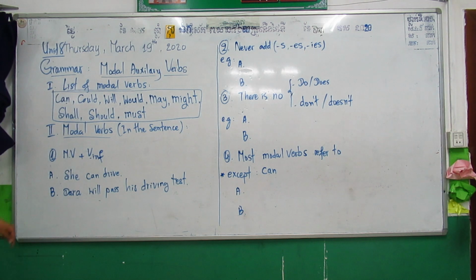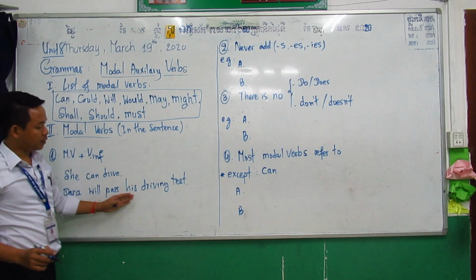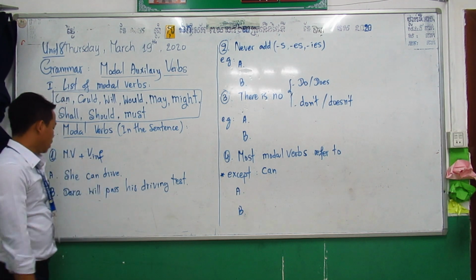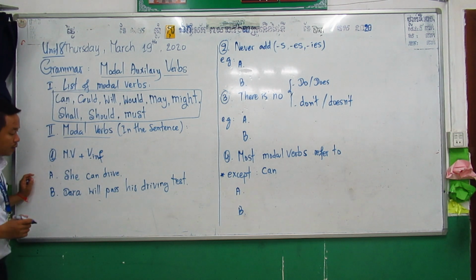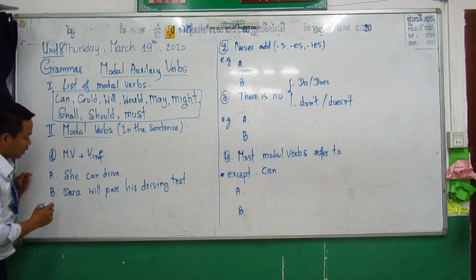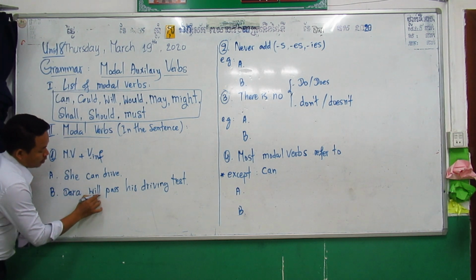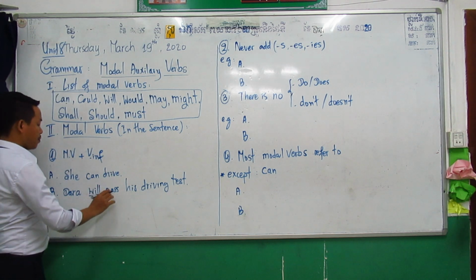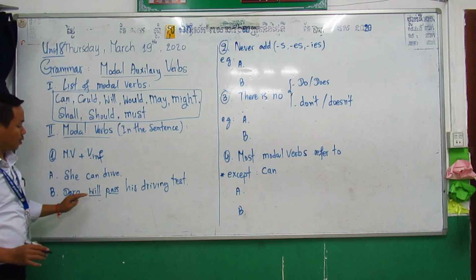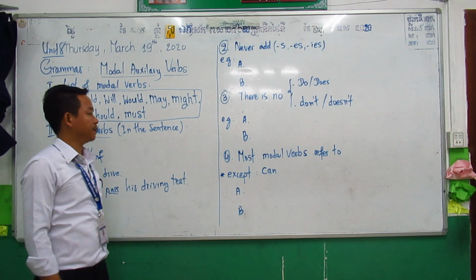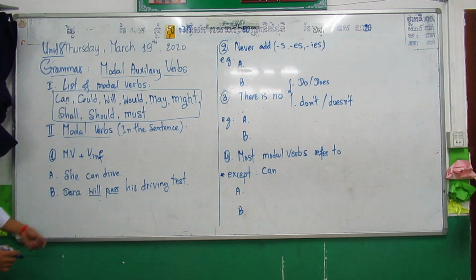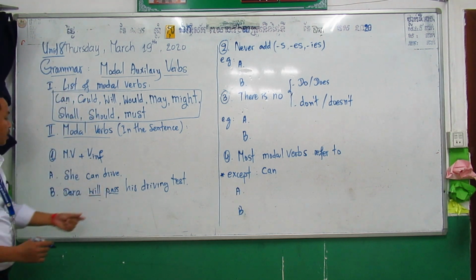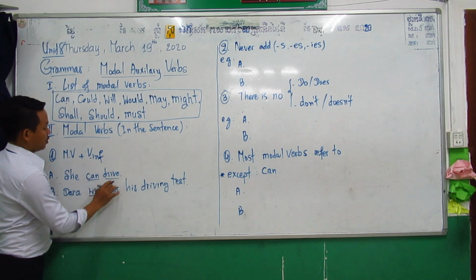Okay, so sentence B, Dara will pass his driving test. Please underline where the modal verb is in this sentence. Will, right? And the verb pass. Dara will pass his driving test. Modal verb and infinitive. Remember.